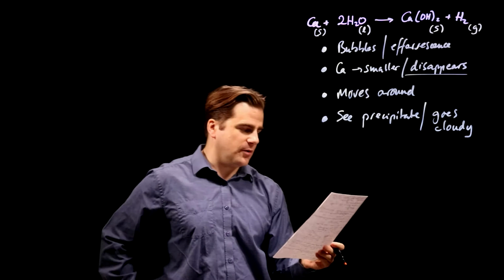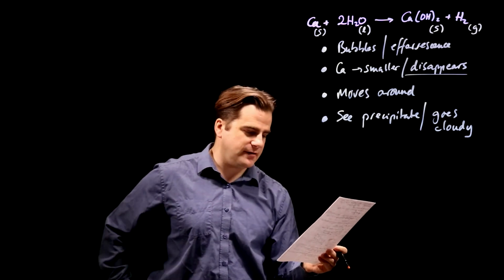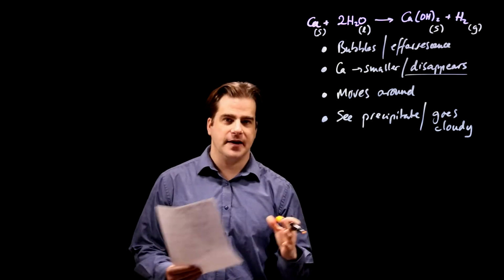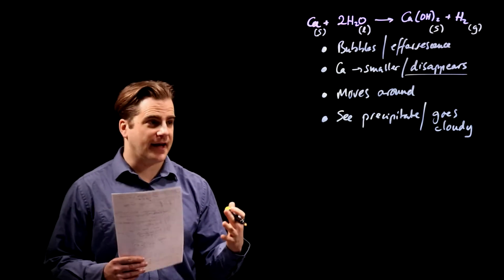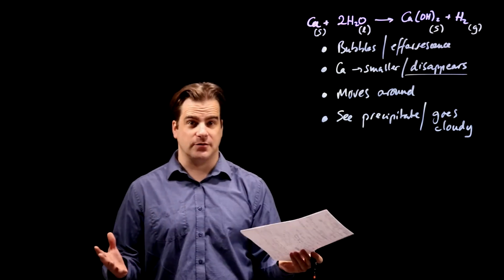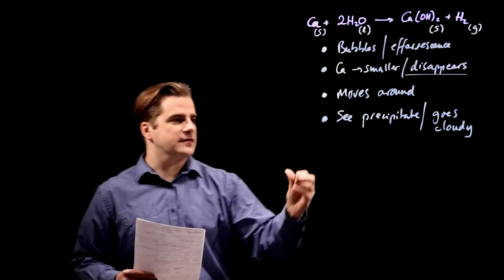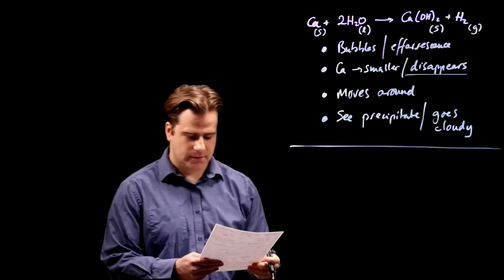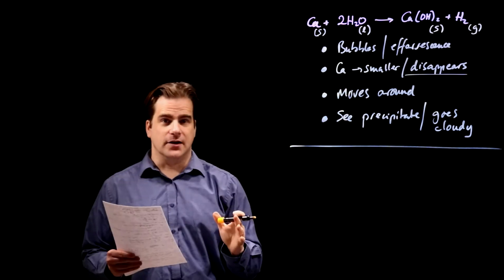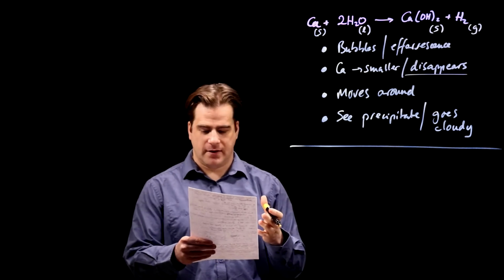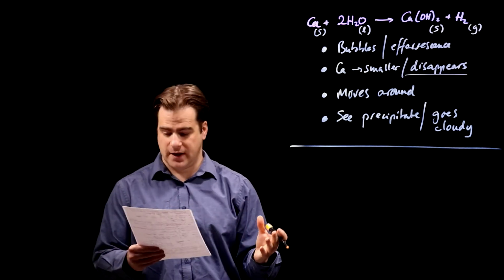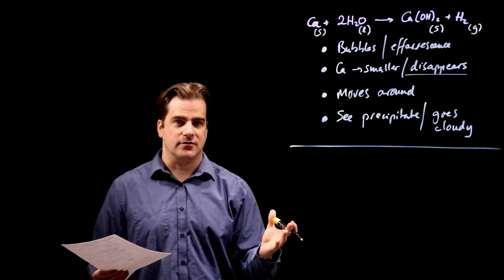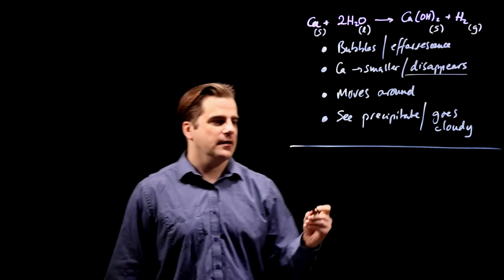Write the balanced equation for the reaction between magnesium and steam. Steam is just water in gaseous form, so it's just H2O. They tell you that when magnesium reacts with water, it forms magnesium oxide and hydrogen. So that's nice of them.